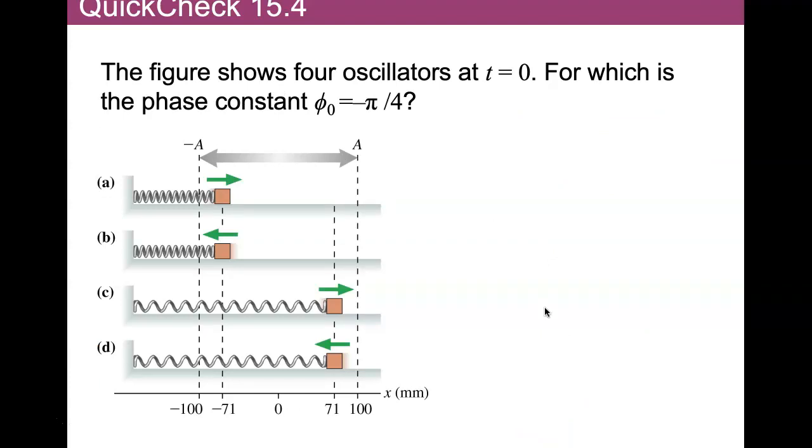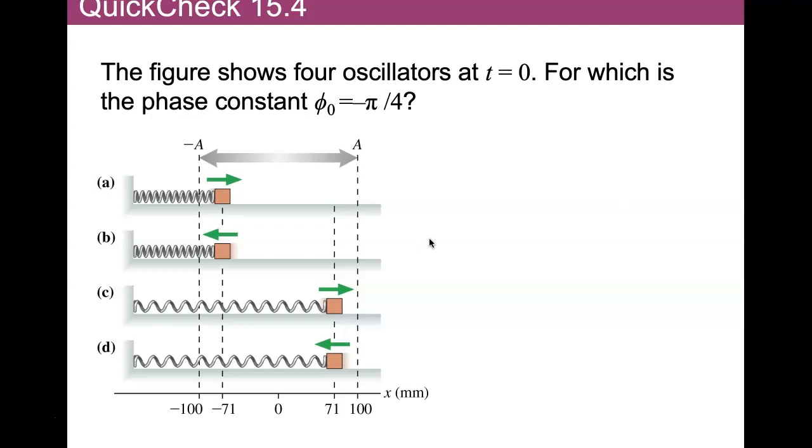Here's another one. So now we have a more physical picture. It shows us a mass on a spring. It's performing simple harmonic motion. And we want to figure out the phase constant.